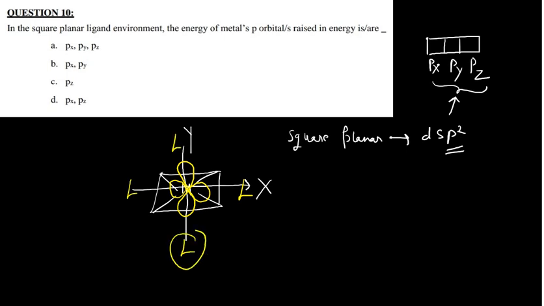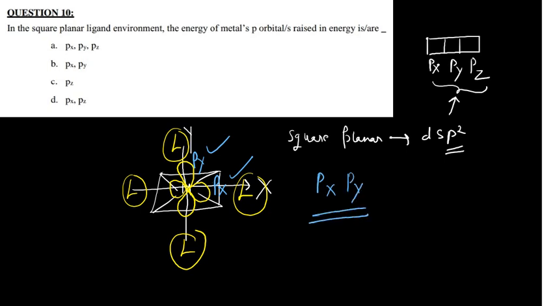So these ligands in the xy plane will exert more repulsion on this px and py, and due to this repulsion the energy of the px and py would be raised. So your correct option should be px and py would have the higher energy. Okay, now looking at the options, option B is the correct one. This is how you can find the answer.